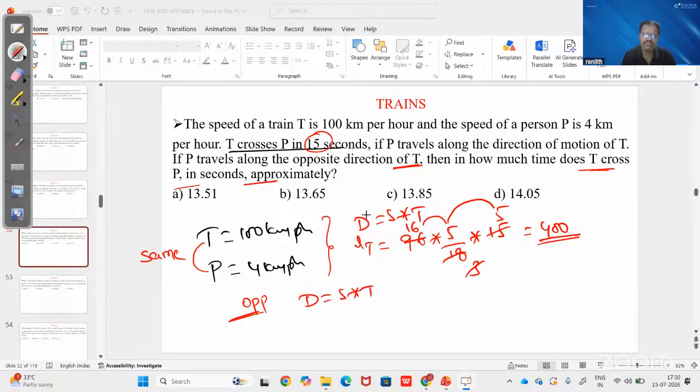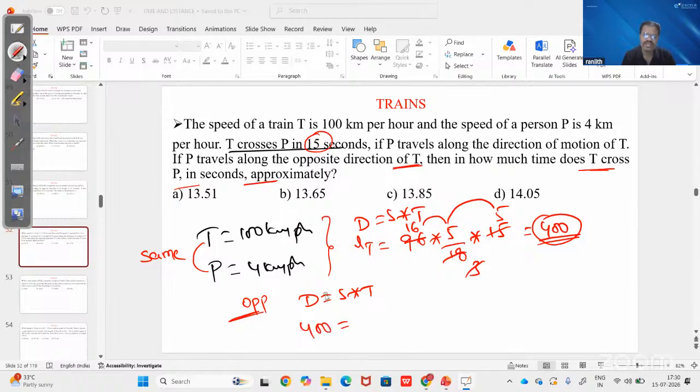A person doesn't have any length, so the train crosses its own length. What is the length of the train? That is 400.